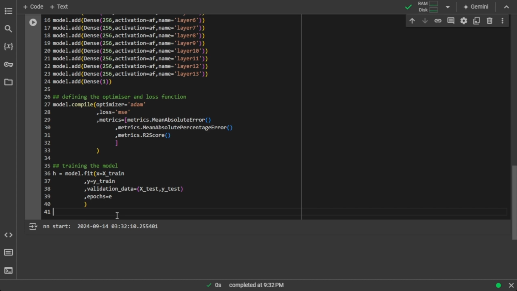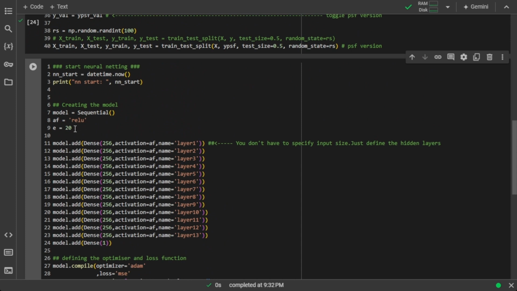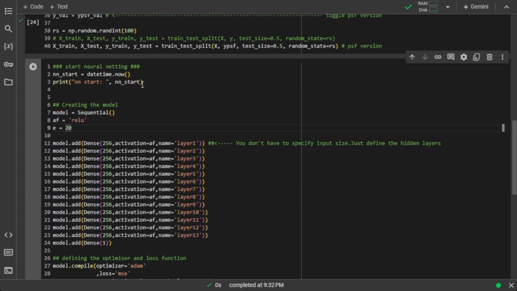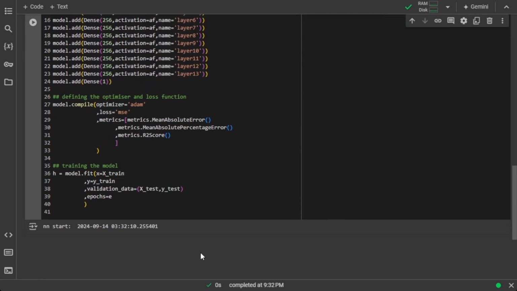Maybe you decide that you want to tweak some parameters and you end up doing 6 or 8 regressions, right? And each one you tweak a little bit, and hopefully they improve. That would be similar to doing 8 epochs, right? So here I've told the neural net model to do 20 epochs, and you can really put anything that you want. One of the reasons that I've put these timers is so that we can see how long this stuff takes.